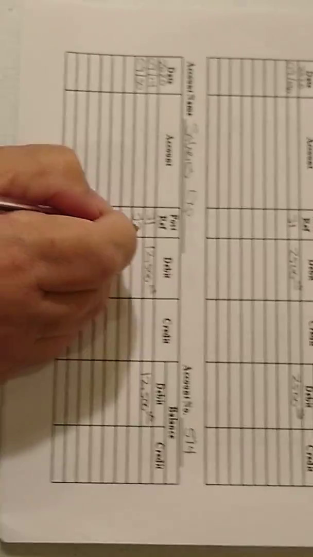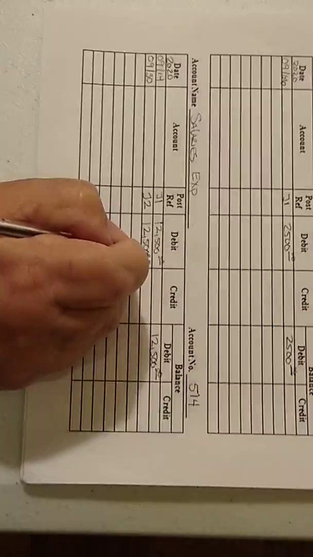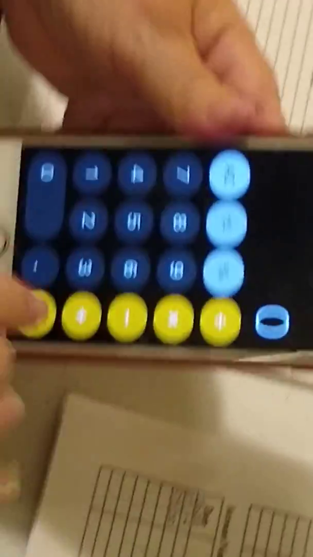The posting reference is J2. 12,500 is going to be debited. 12,500. And then we're going to add it to the debit over here. So 12,500 plus 12,500 equals, this should be 25,000. Go over here, indicate that you posted it by putting the account number 514.